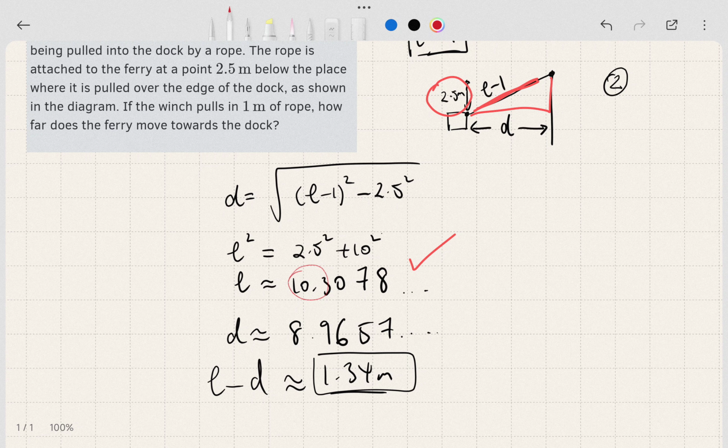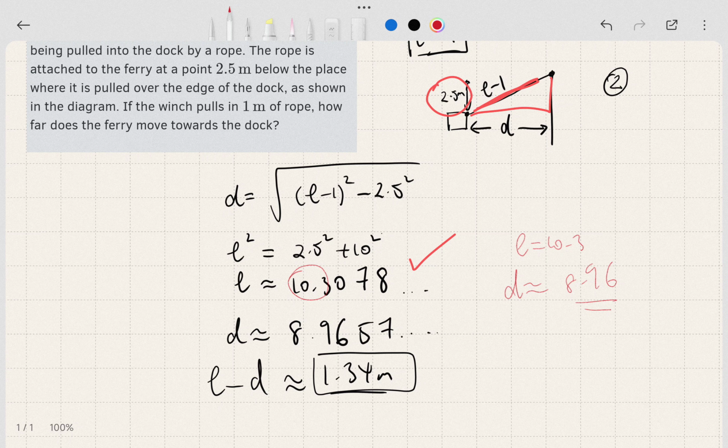So let's say L is equal to 10.3, then D in this case would be, so 10.3 and then that. So D would be 8.96, about that. Then we go 10.3 minus 8.96, you get 1.34, still 1.34.